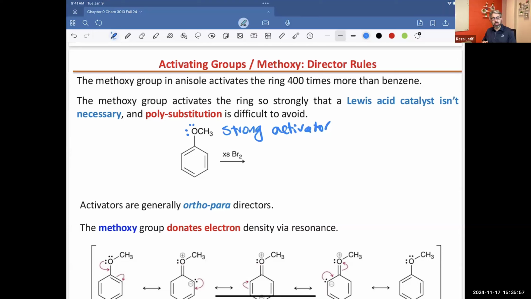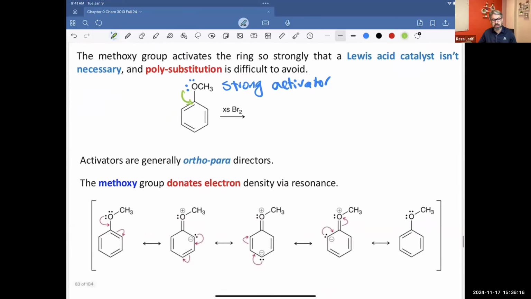So the reaction is going to be way faster than with benzene or toluene because it has the lone pair. Not only through the induction effect, it can stabilize the positive charge, it can share the lone pairs with the ring, and that's going to stabilize the positive charge on the ring.